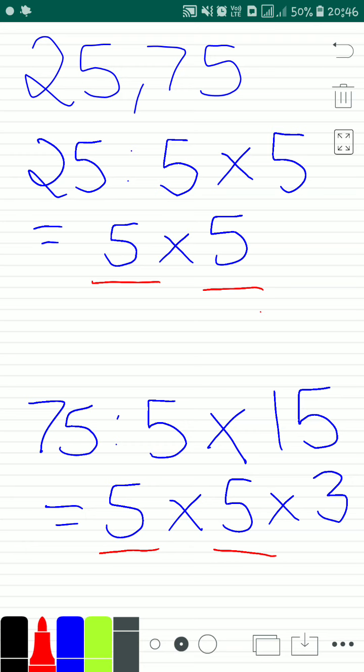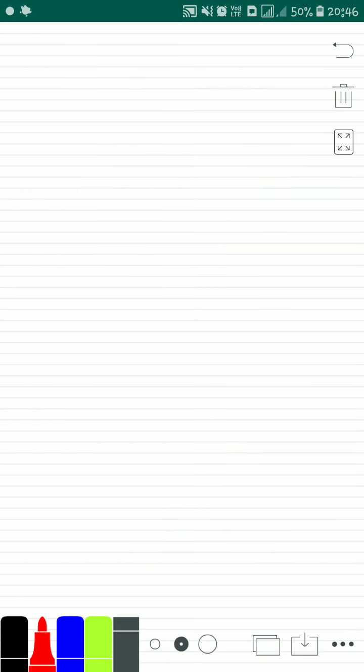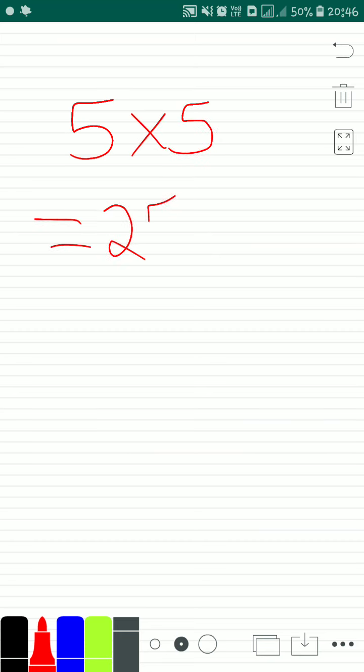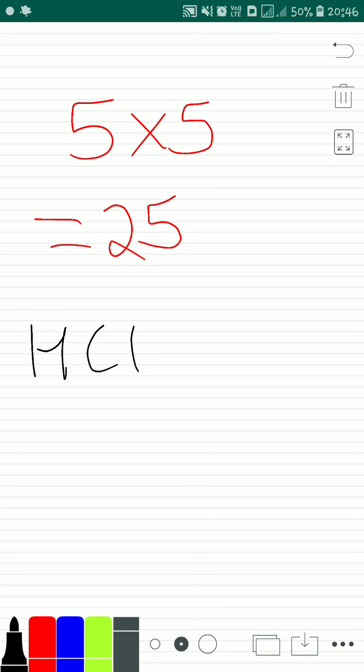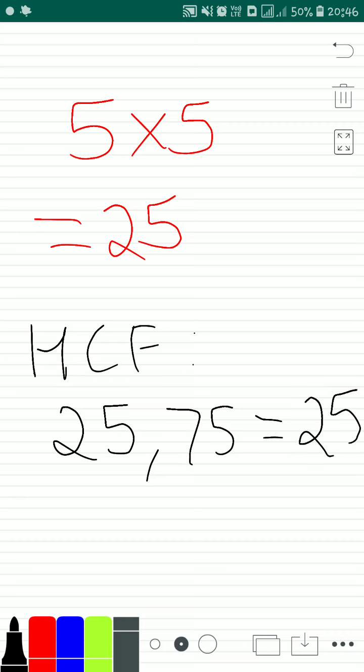But 3 is not appearing in 25. So we are going to cancel 3 and take only 5 into 5, which will give you 25. So the HCF for 25, 75 is going to be 25.